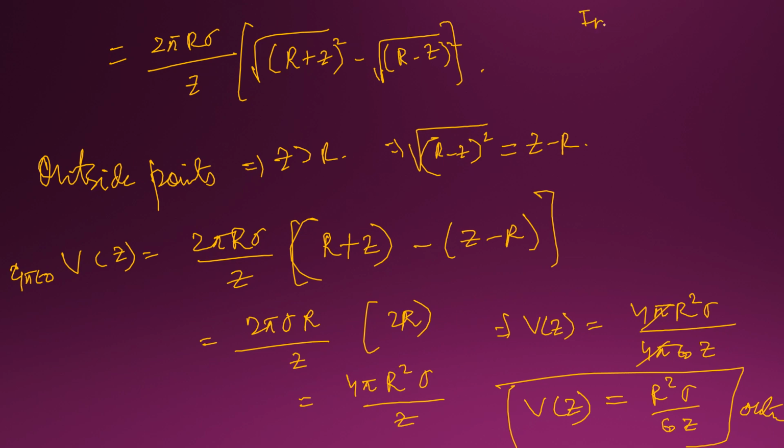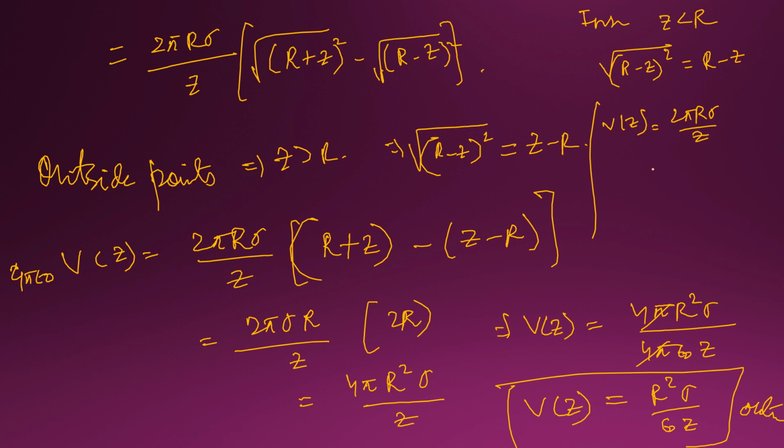Now for inside points, z is less than r, so I can just take the square root of (r minus z) square as r minus z. So Vz should be 2 pi r sigma by z, (r plus z) minus (r minus z), cancel, 2z.